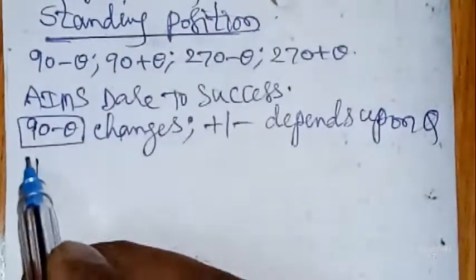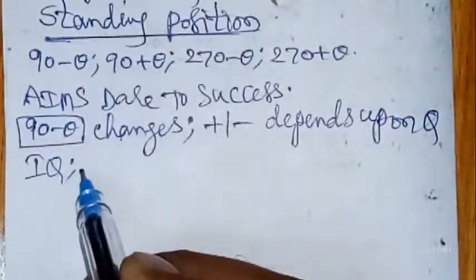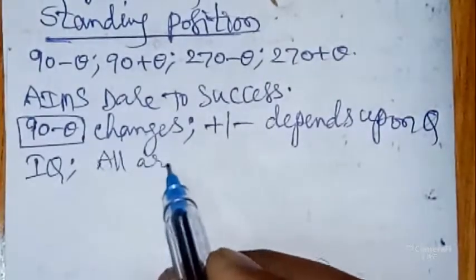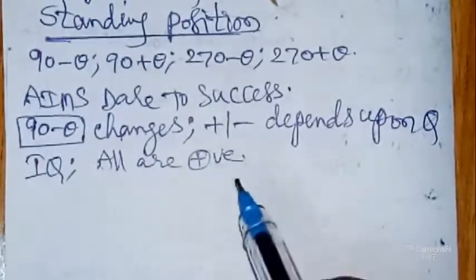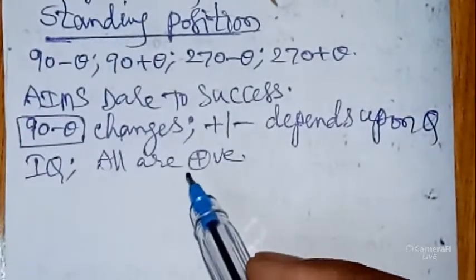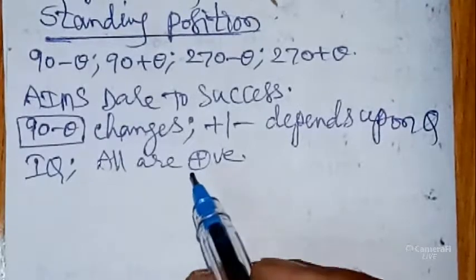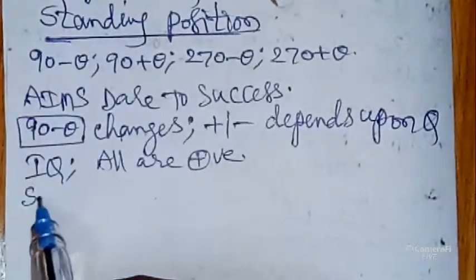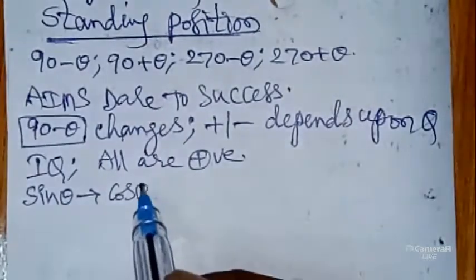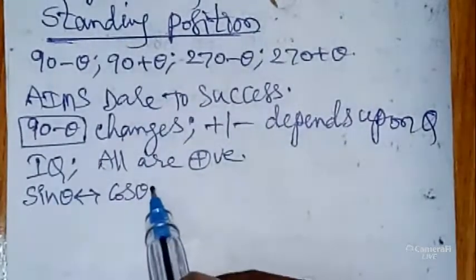90 minus theta means first quadrant. So in first quadrant all are positive. Sin, cos, tan, cosecant, secant, cot are positive. Now here changes are applicable, means sin will change to cos, cos will change to sin.